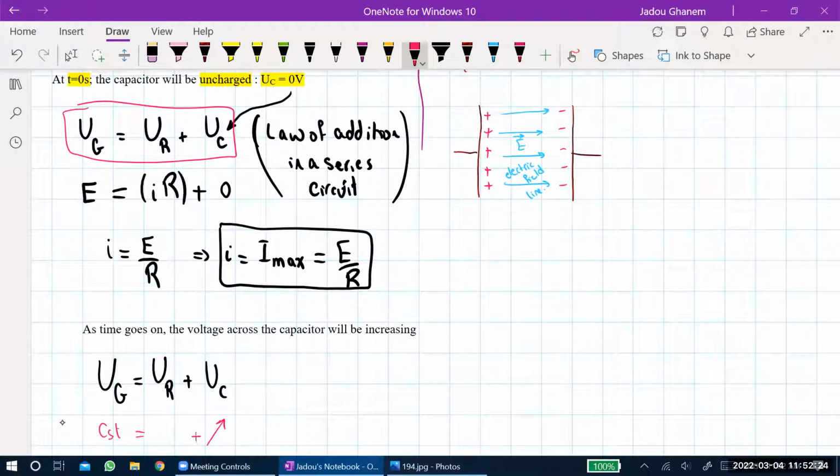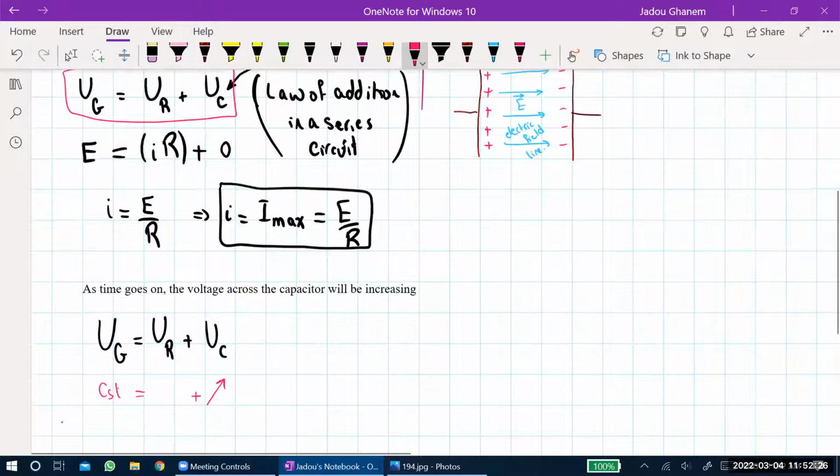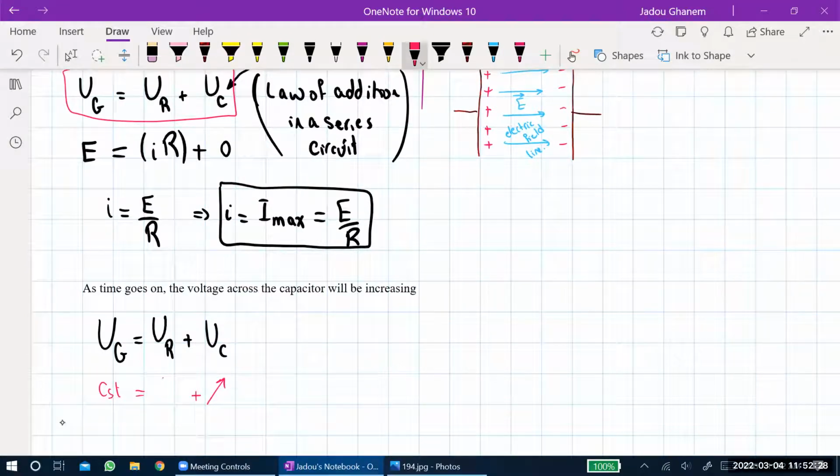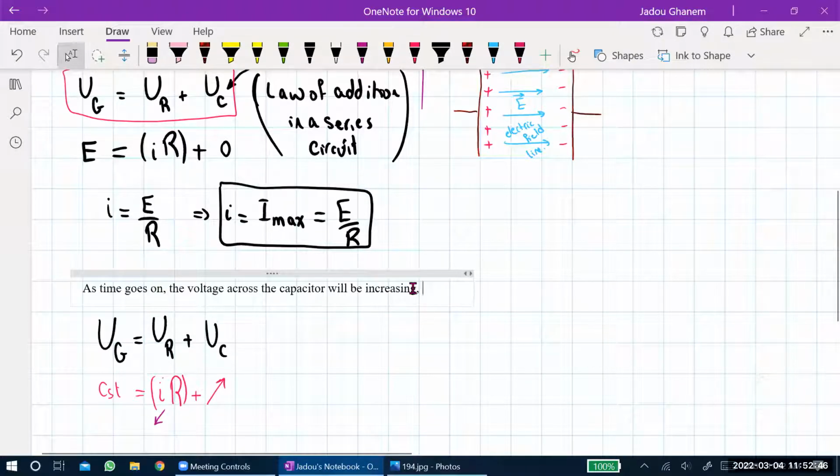So UC is increasing. Now you know that UR will be decreasing, or in other words, I times R, which is Ohm's law, tells us that the current will be decreasing to keep the value constant, to keep the equation correct. So now as time goes on, the current will be decreasing. The voltage across the capacitor will be increasing, and the current will be decreasing.